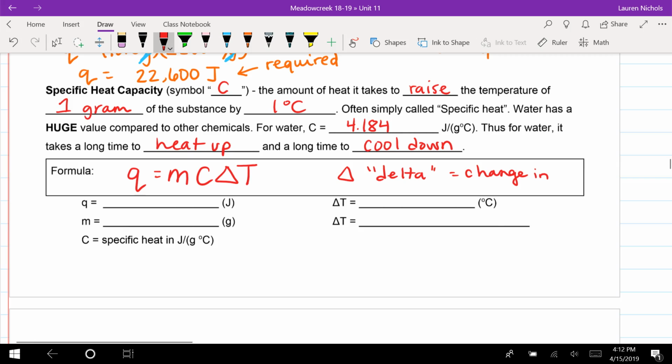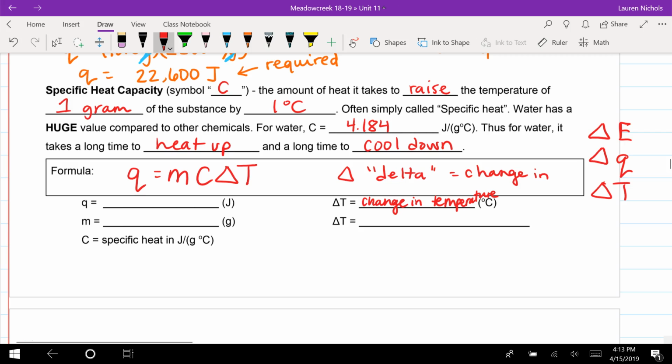So you could have delta E, which is change in energy, or delta Q is change in heat, or delta T is going to be our change in temperature, which is measured in degrees Celsius.